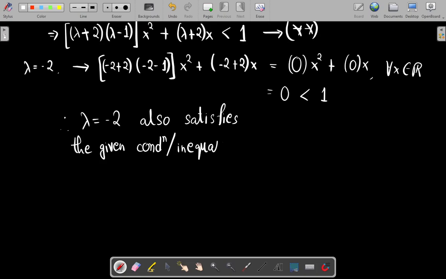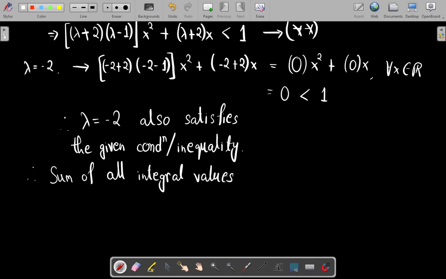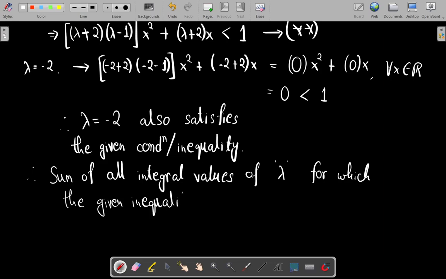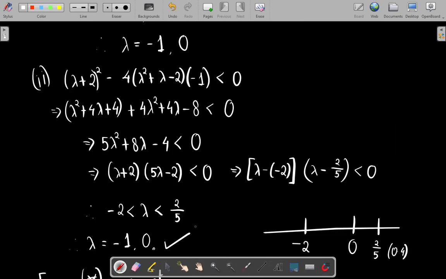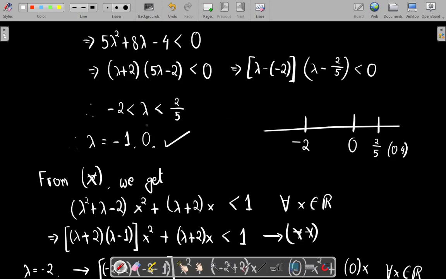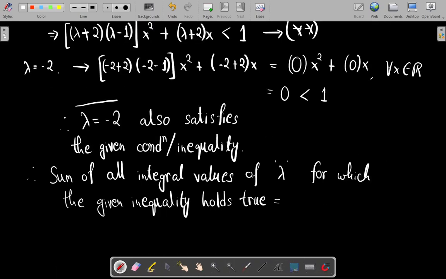Therefore the sum of all possible integral values of lambda for which the given inequality holds true: we see that we have the values -1 and 0, and we get the same values from both the conditions, so there is no overlap there, and the other condition is lambda equal to -2, right?